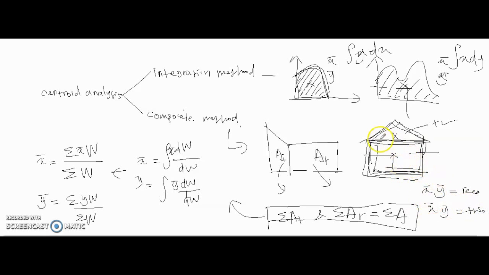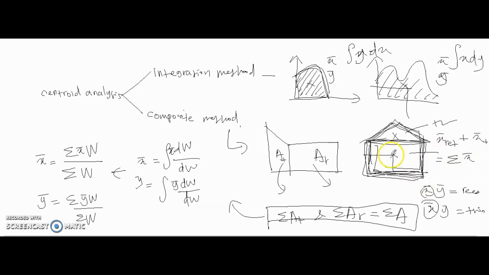To find the center of gravity for the whole shape, you need to sum up the contributions from each shape. That means the x bar for the rectangle is summed with the x bar for the triangle, and you will get the total x bar.